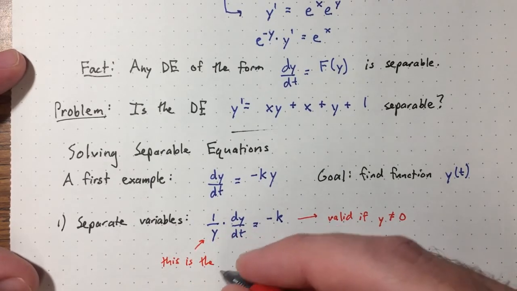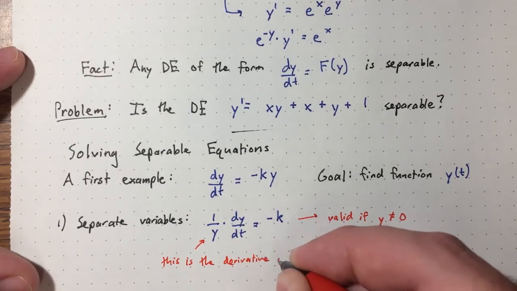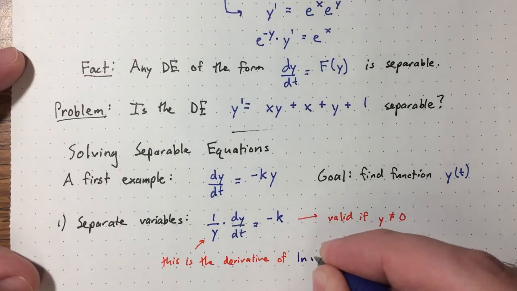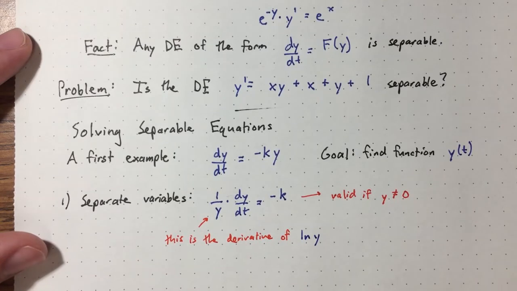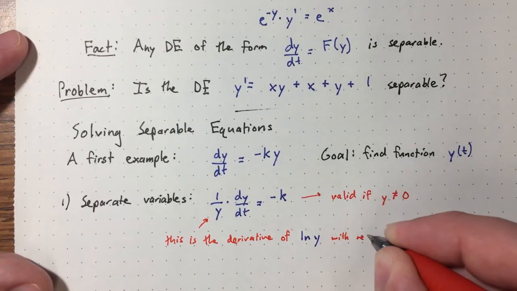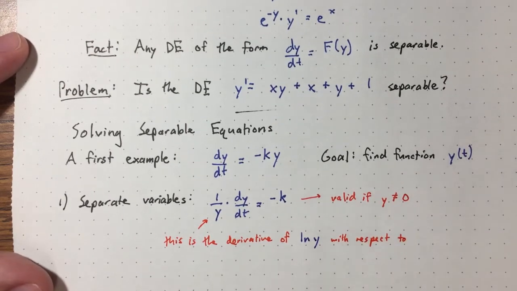This thing right here is actually just the derivative of natural log of y. Right? This is the derivative of the natural log of y with respect to the variable t.